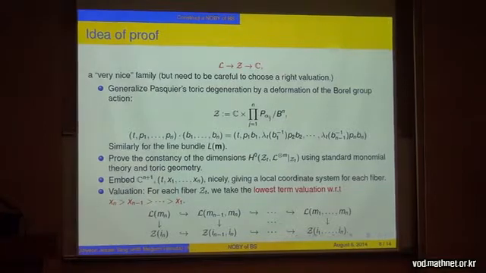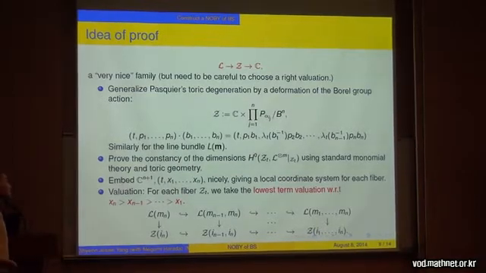So the idea of the proof: we construct a very nice family over C. There are lots of adjectives in this very nice family, so I just didn't write them down. It means we found a faithfully flat family which is proper over C, such that the fibers over all non-zero complex numbers are isomorphic to each other.